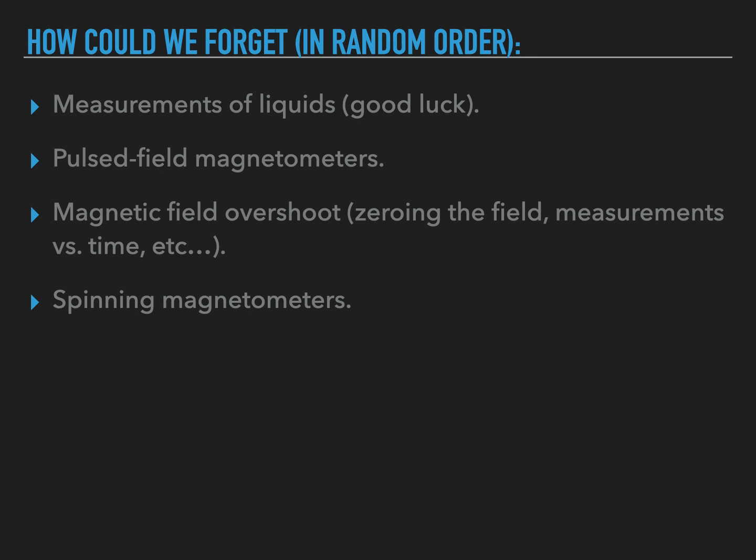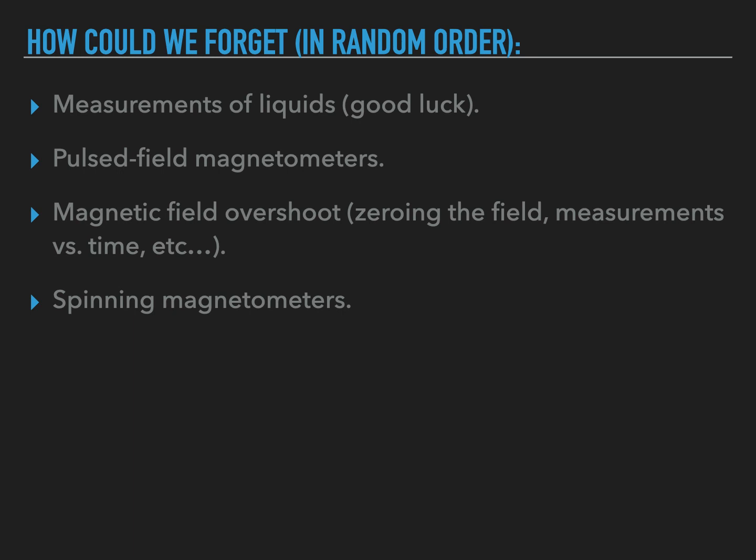Another problem is the control of the magnetic field, where you can have overshoot. Since you have a feedback loop and you want to reach a certain value, which could even be zero, then you must be sure whether you reach that field in a monotonous way or in a non-monotonous way.